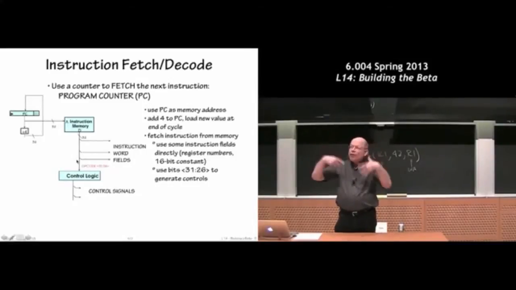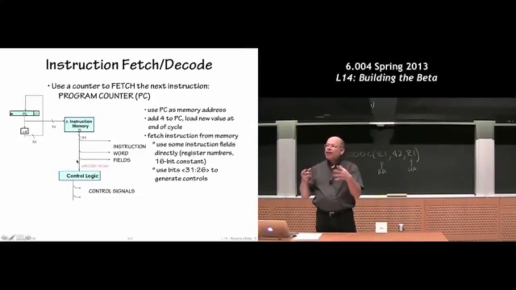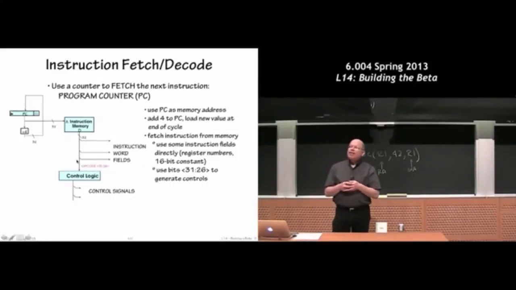So we'll always be fetching 4 bytes at a time, and by convention, we always fetch at a 0 mod 4 address. So we'll fetch a word from location 0, and from location 4, and from location 8, and from location C. I'm just counting up in hex, counting by 4.